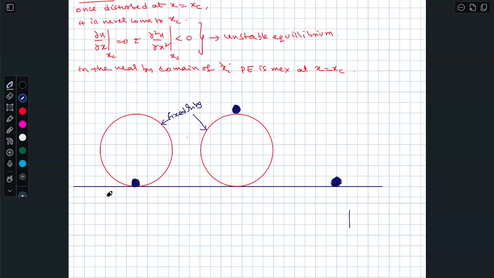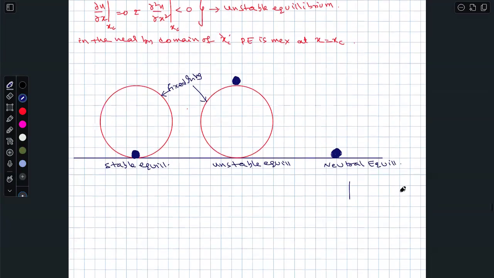So this case comes under stable equilibrium. This case comes under unstable equilibrium, and this case comes under neutral equilibrium. Okay.